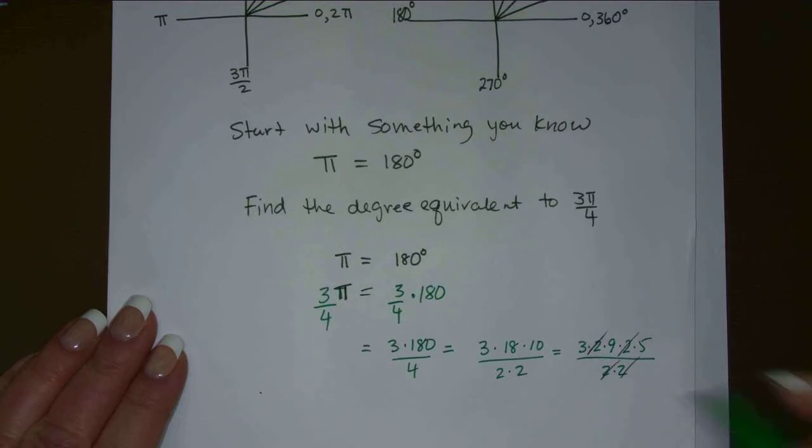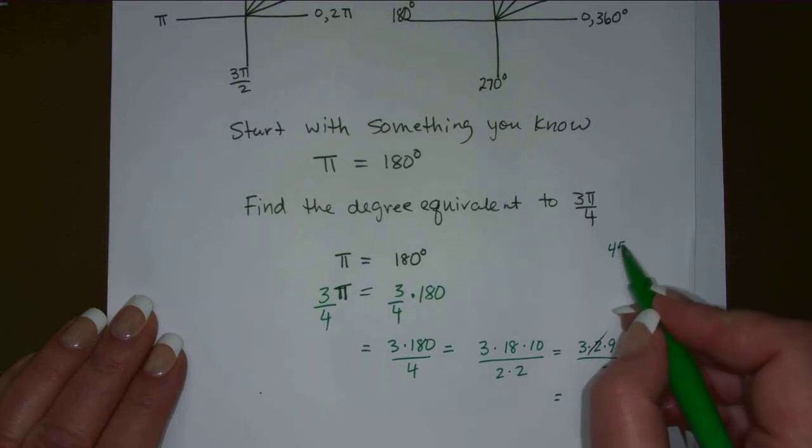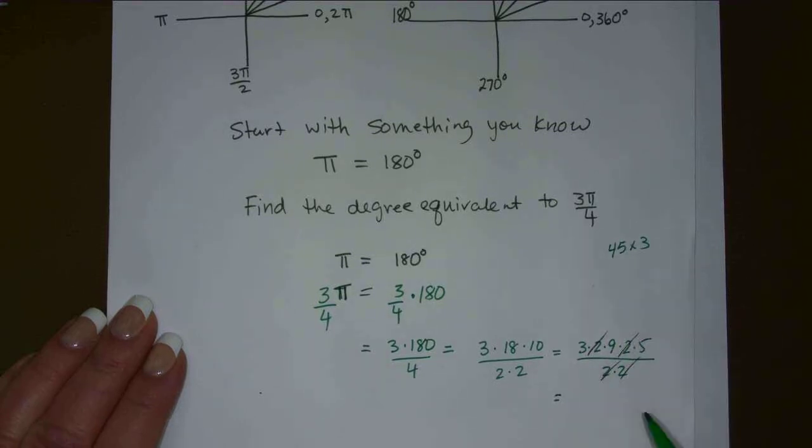All right, and what do we have left? Now you can do this in any order. 135, so I would say 9 times 5 is 45, and 45 times 3. 45 times 3 is 90, 135, yep. So you just make one side what you already know, and then you work out the other side. So this is the easy way.